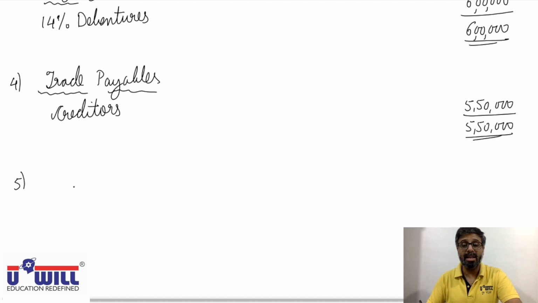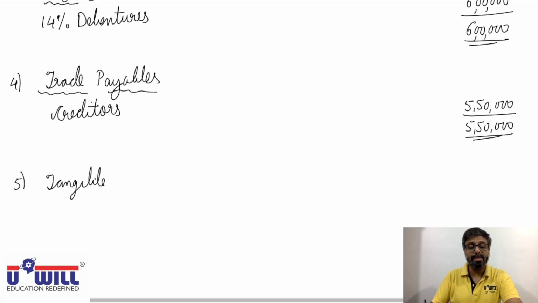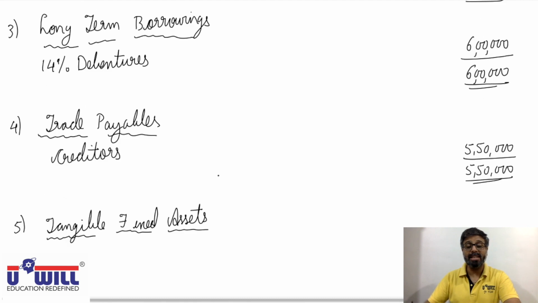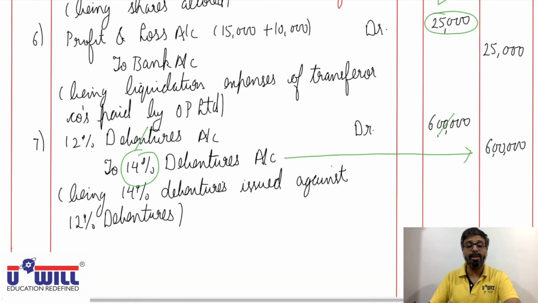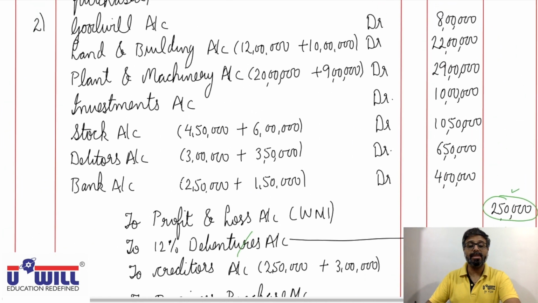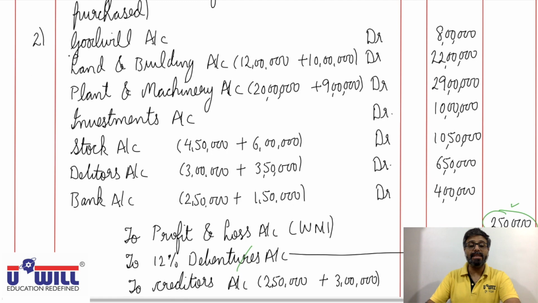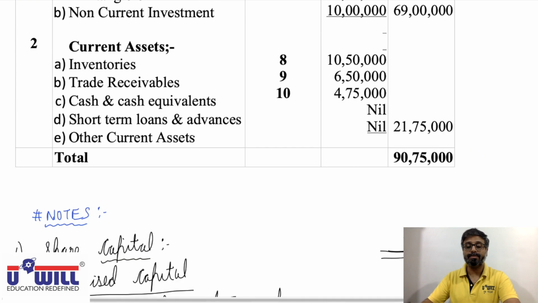Now we come to assets. In that non-current assets, in that fixed assets, in that tangible fixed assets. Now, which tangible fixed assets do we have in journal entry 2? Very first, goodwill is an intangible fixed asset. Okay, land and building of 22 lakhs.